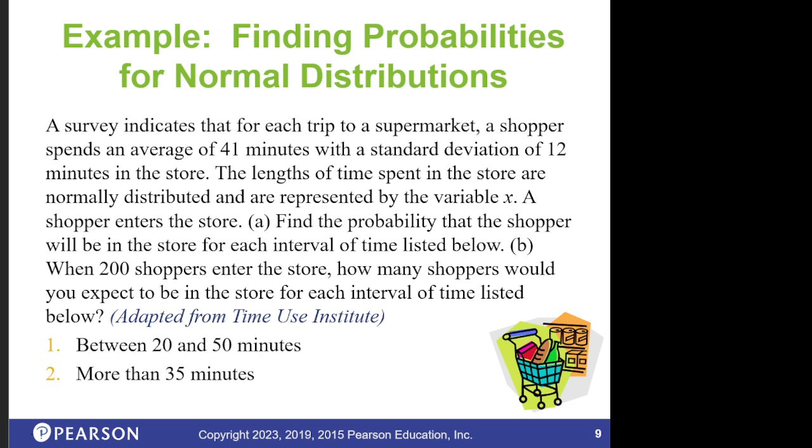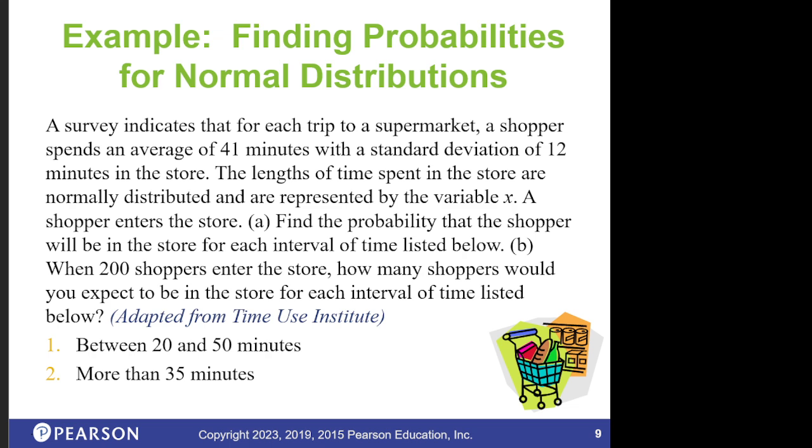So I'm going to go right to Excel. I'm going to create a new sheet for this problem. Again, I'll make this big enough that we can see it. And so I'm going to talk about the mean and the standard deviation. And then I'm going to have my times.